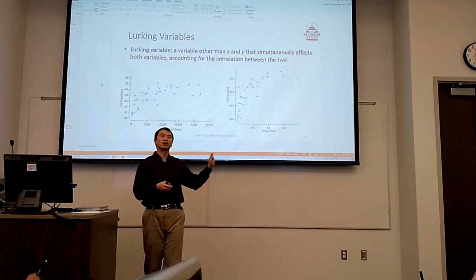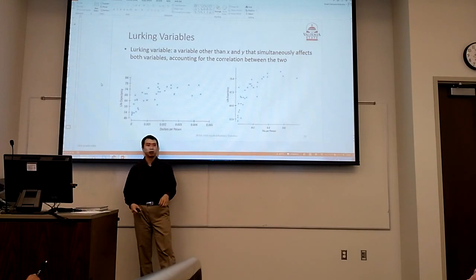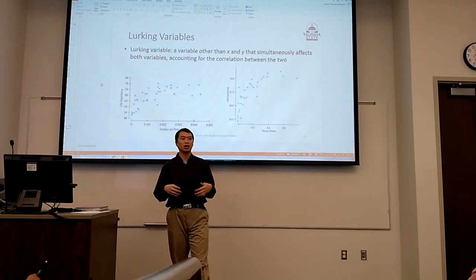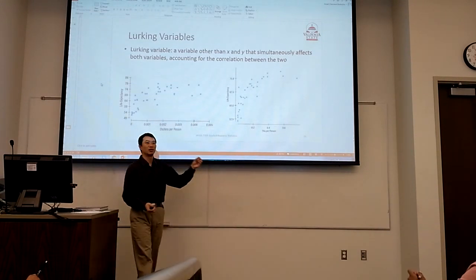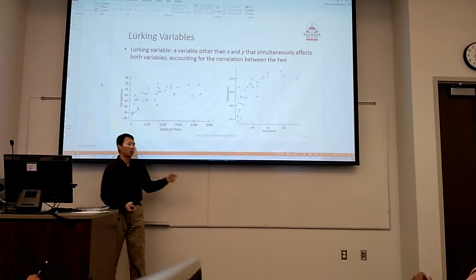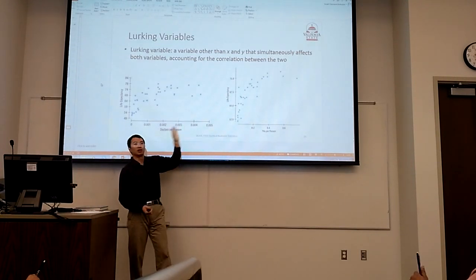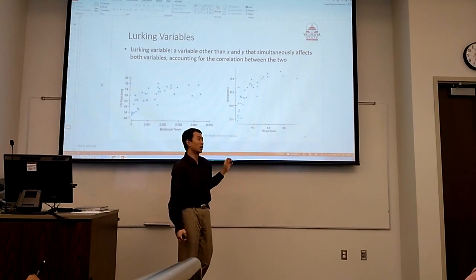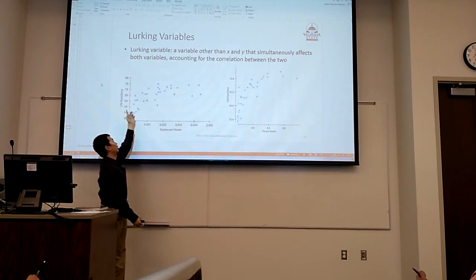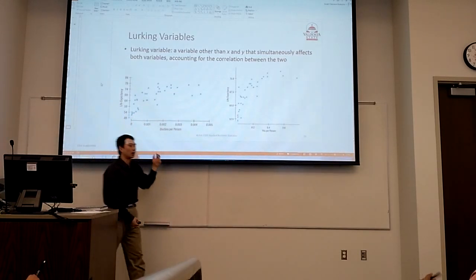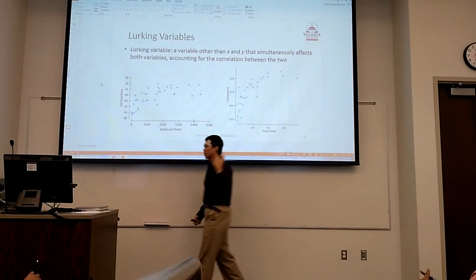Probably there's another variable that affects those variables, probably income or economic conditions and other variables. That's why it's a lurking variable. It will affect those variables that we see in those scatter plots. We cannot say this factor caused the long life. Those are not the causes. So that's the point we want to make.